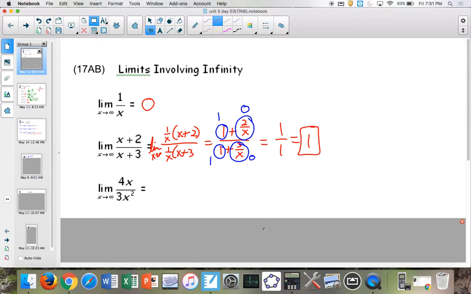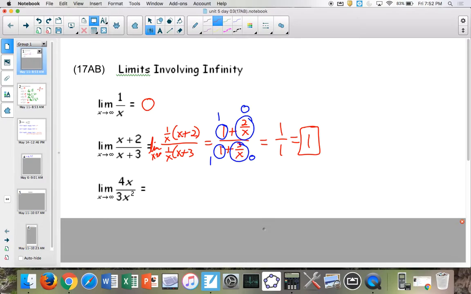So for example, the limit as x approaches infinity of 4x over 3x squared. Obviously, as x gets very, very large, x squared is going to be much, much larger than just x, and the 4 and the 3 are going to be negligible because the denominator is getting so large.